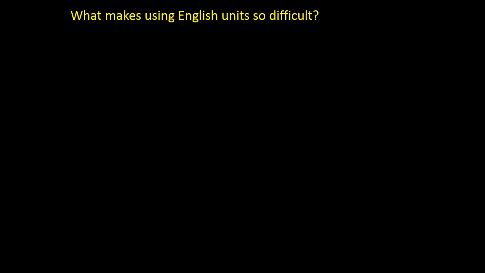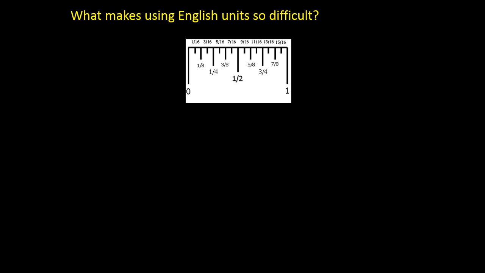Now we use English units of measurement in the United States, and what makes them so difficult for students to understand, and for that matter for adults to understand, is that English units use fractions to divide up our basic units of measurement.